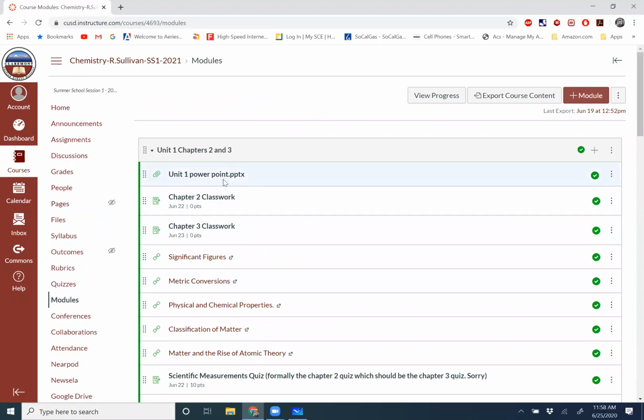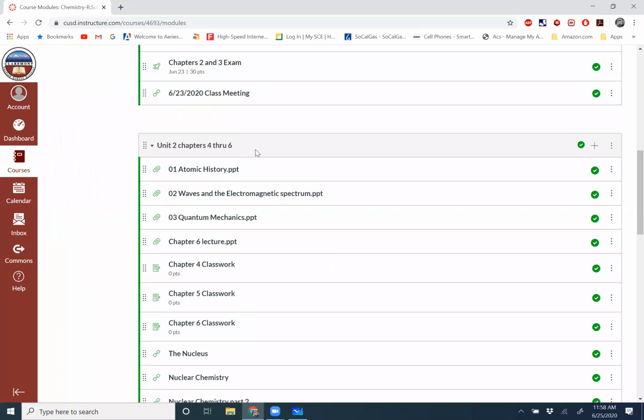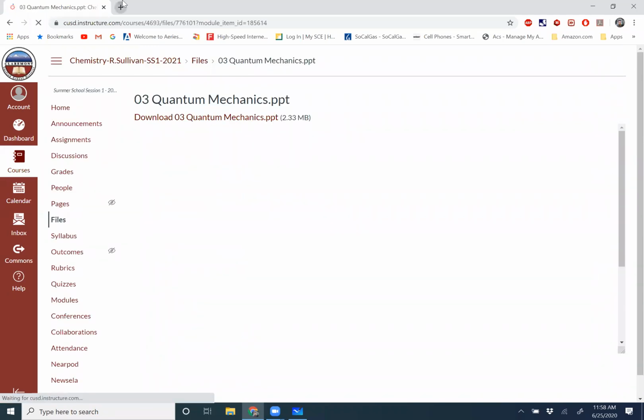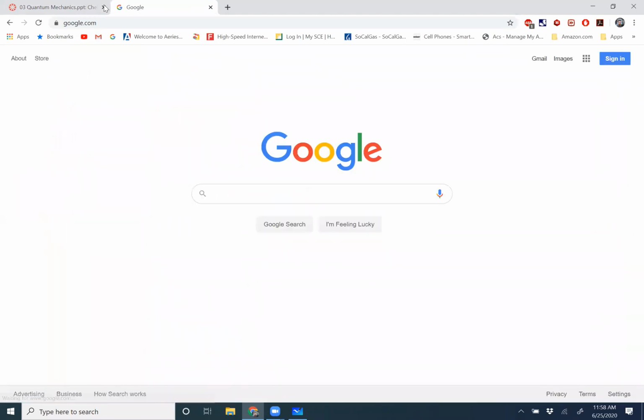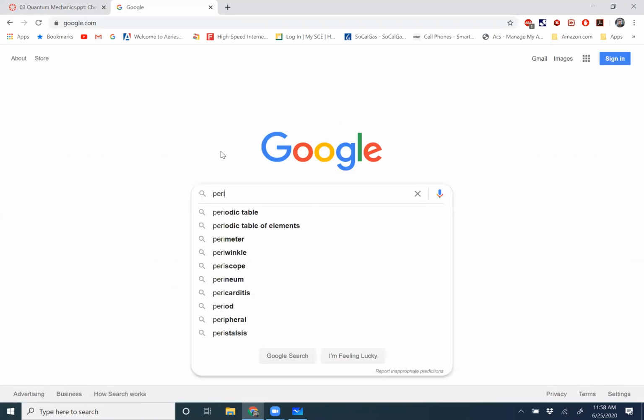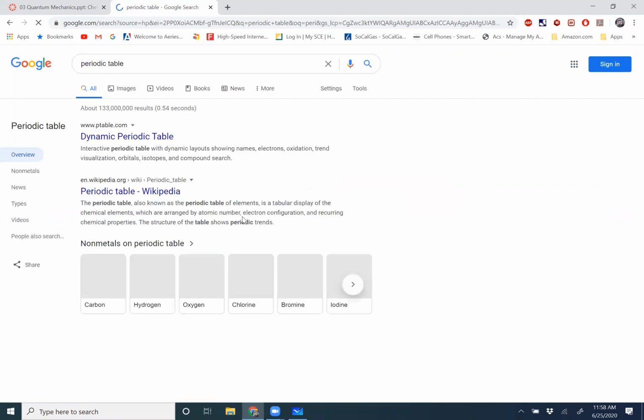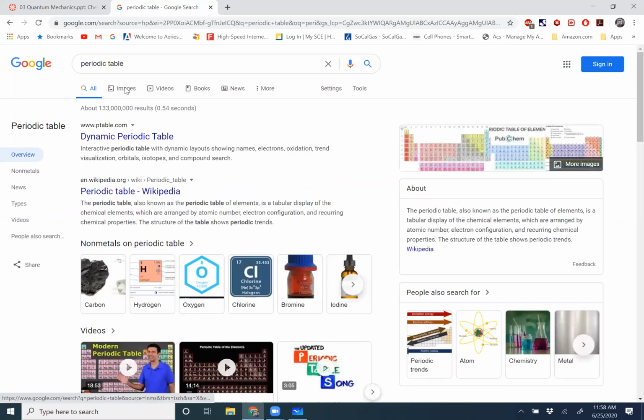now we'll open a new tab. Google periodic table images.